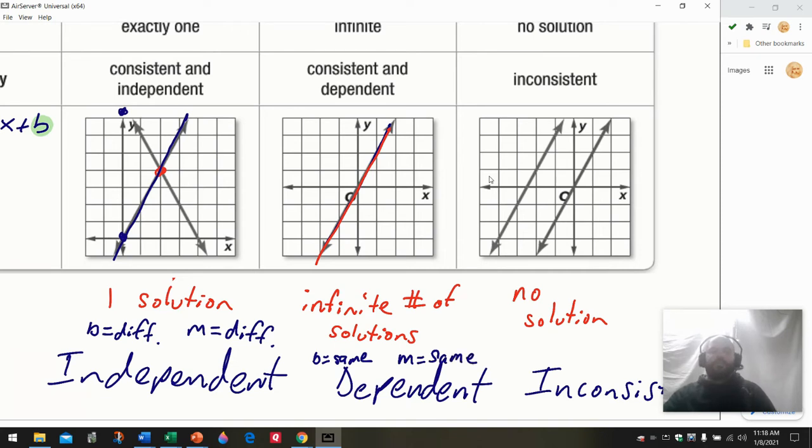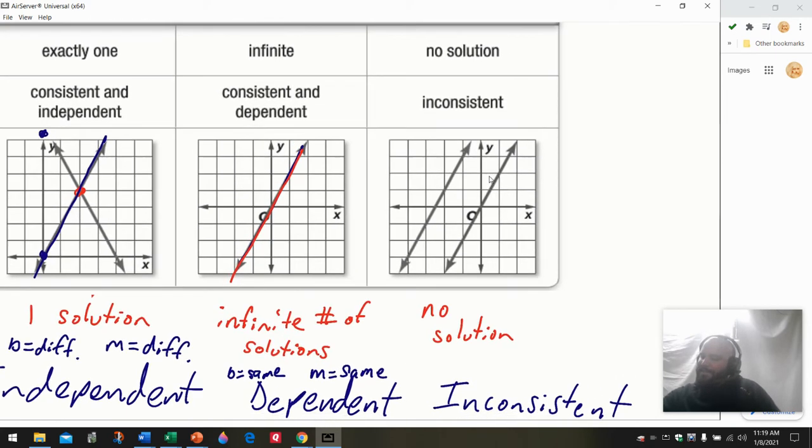The slope is the same on both of those lines because they're the same line. So when you have an infinite number of solutions, that means that the slope and the y-intercept will be the same, or vice versa. If the slope and the y-intercept are the same in your two lines, then there will be an infinite number of solutions.